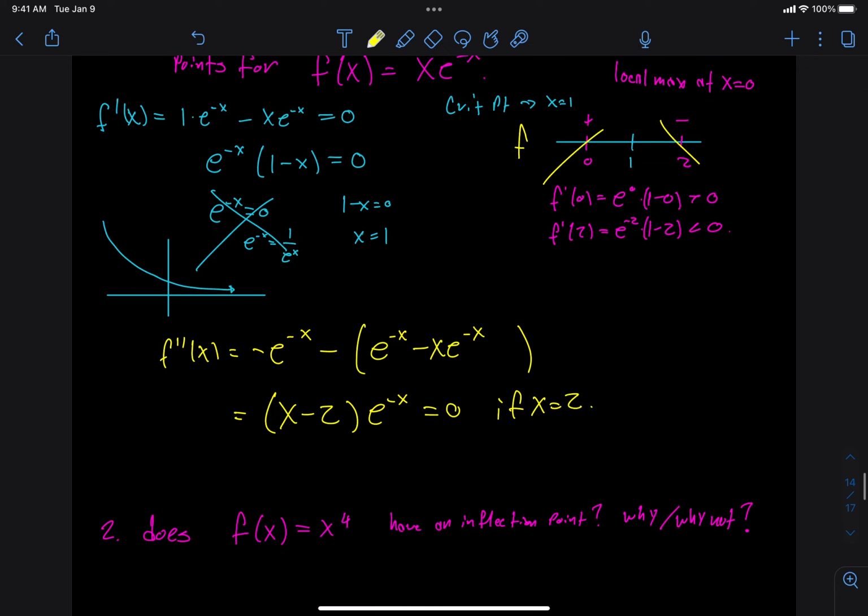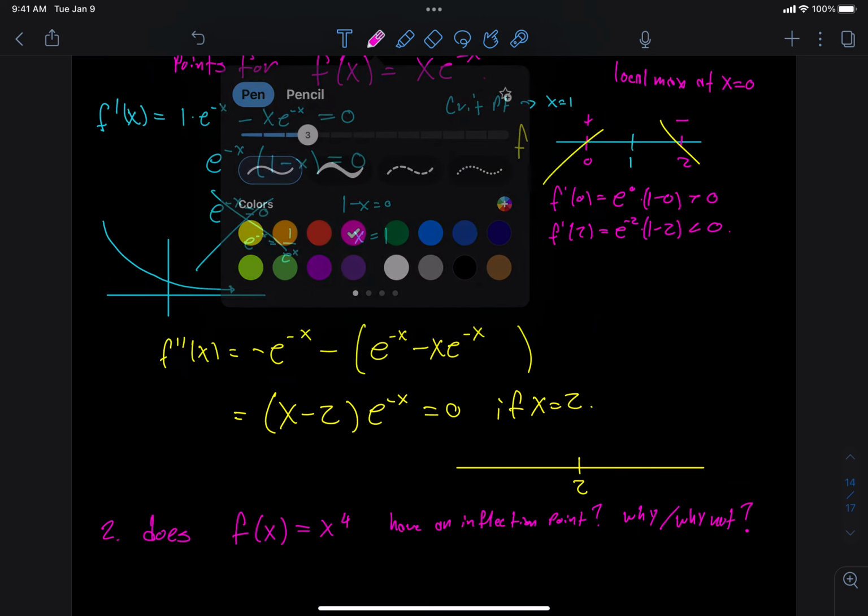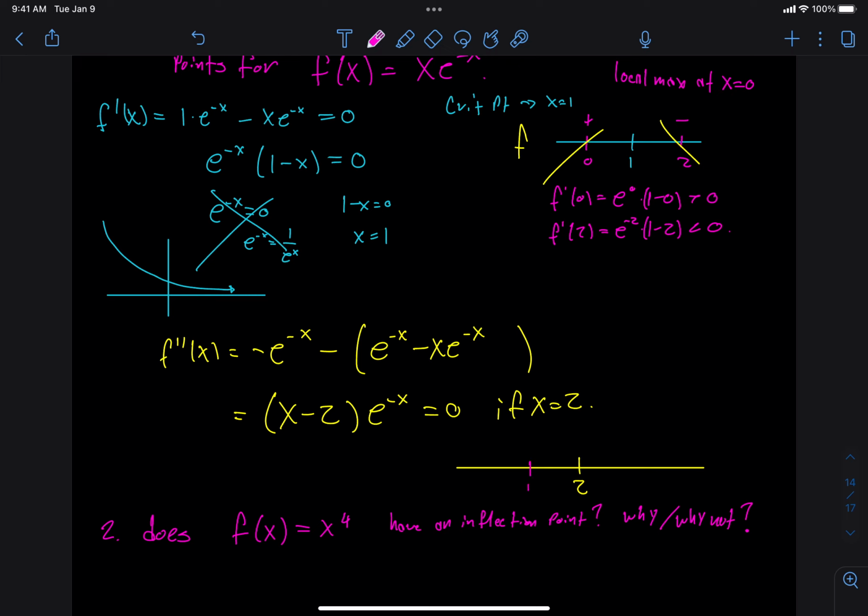So to determine whether x equals 2 is an inflection point or not, we put on 2, and we mark down maybe 1 and 3, and we check f double prime of 1.